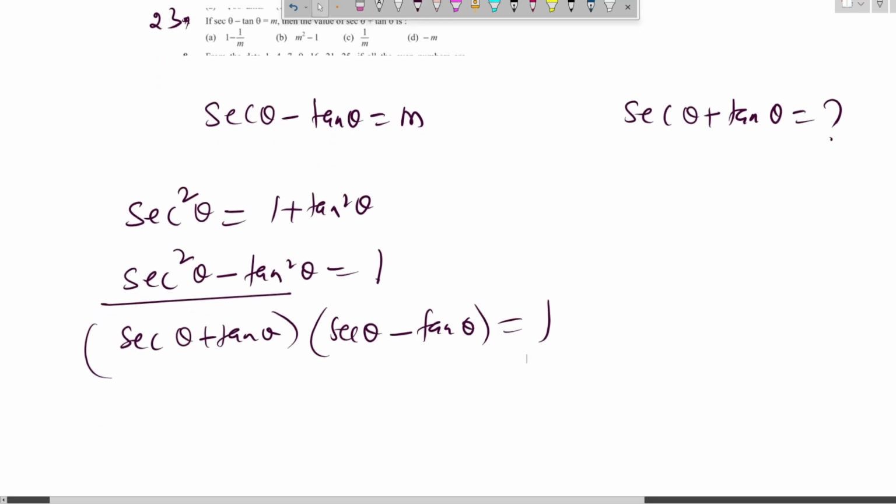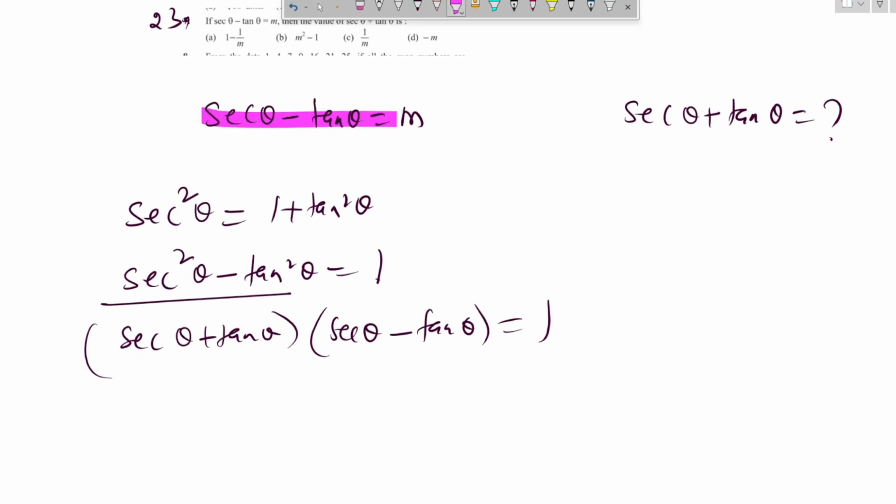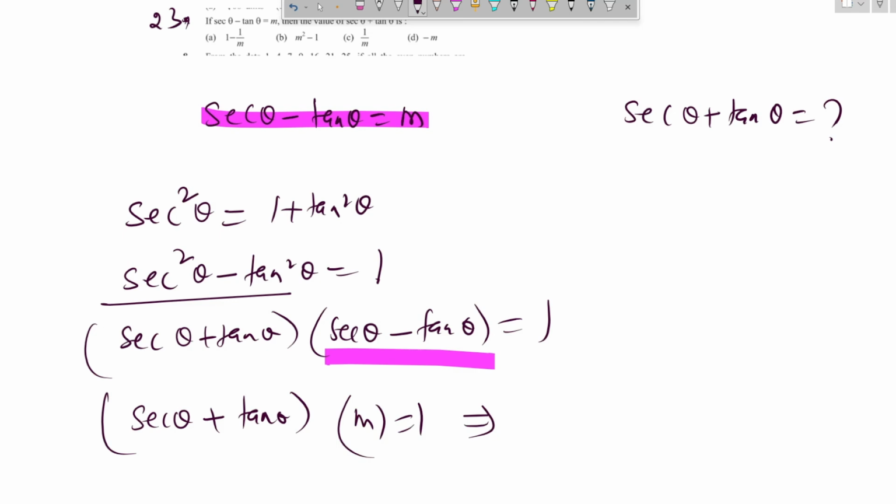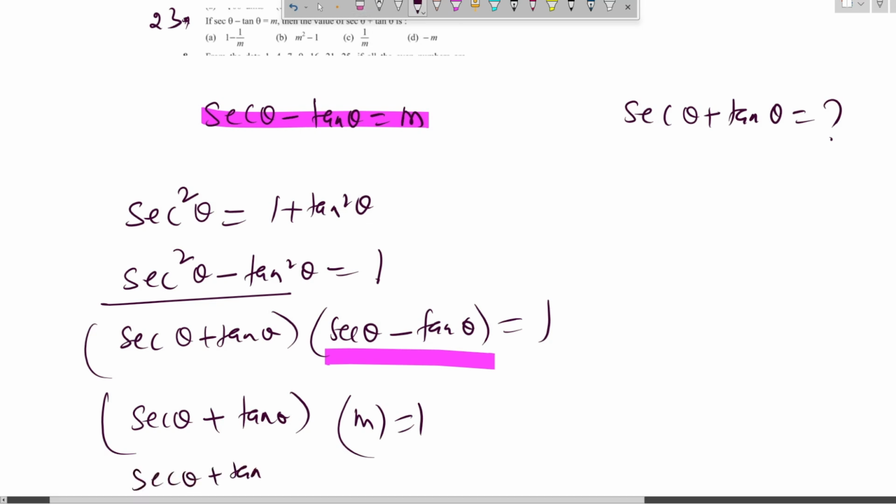As we know secant theta minus tan theta is equal to m, here we will substitute the value of secant theta minus tan theta as m, from where we will get secant theta plus tan theta equal to 1 by m. So option C is correct.